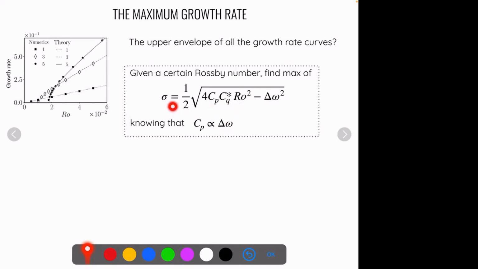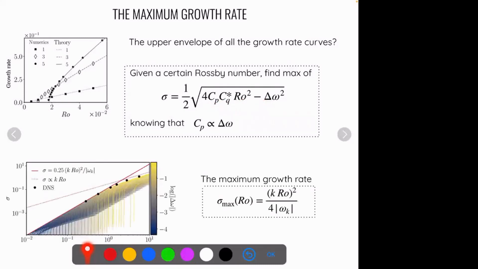So that means that sigma is the square root of Rossby number squared times Rossby number squared minus something times Rossby number to the 4. So in the end, and you can go further in the algebra, you find that at small Rossby number, you expect the maximum growth rate to be proportional to the Rossby number squared times the wave number of the imposed wave.